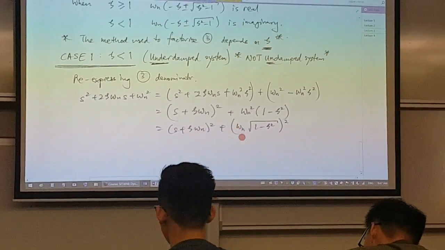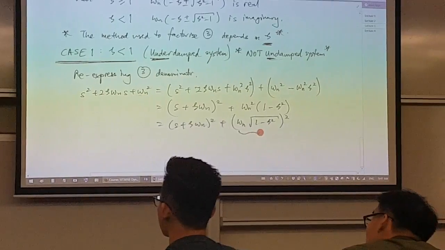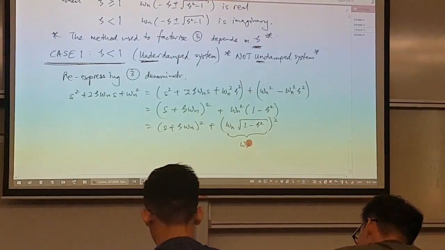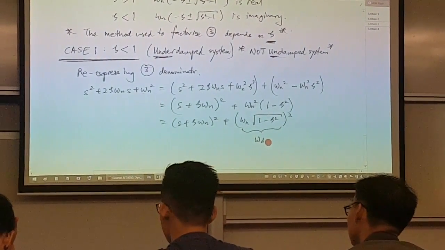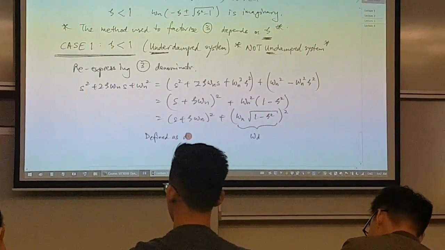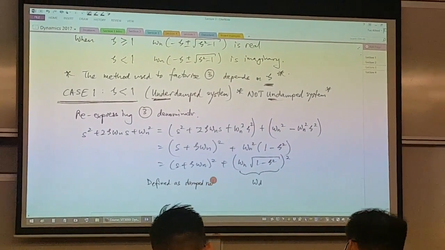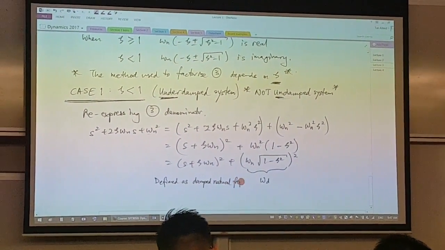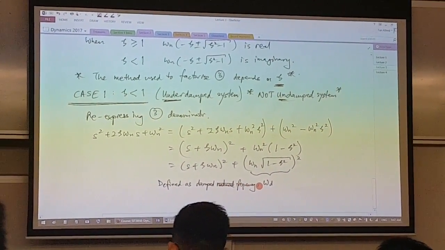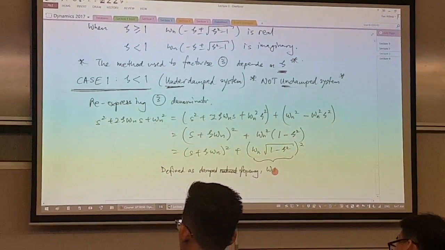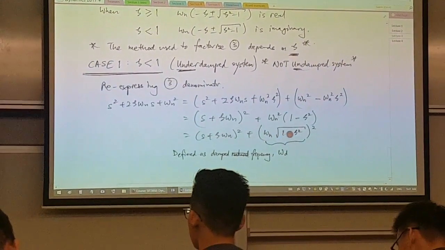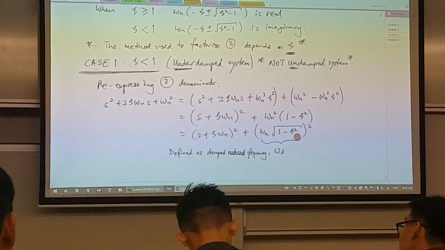So this term in the round bracket, without the square, is a new term that I call omega d, where omega d is defined as the damped natural frequency, or sometimes it's just damped frequency. Omega d is equal to omega n square root 1 minus zeta squared, that formula.